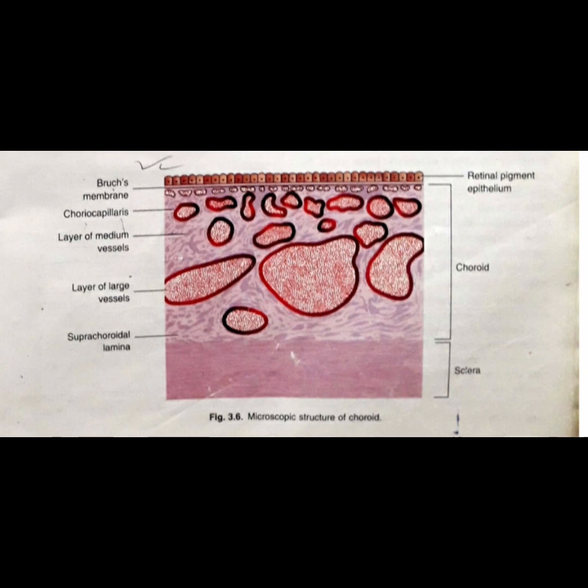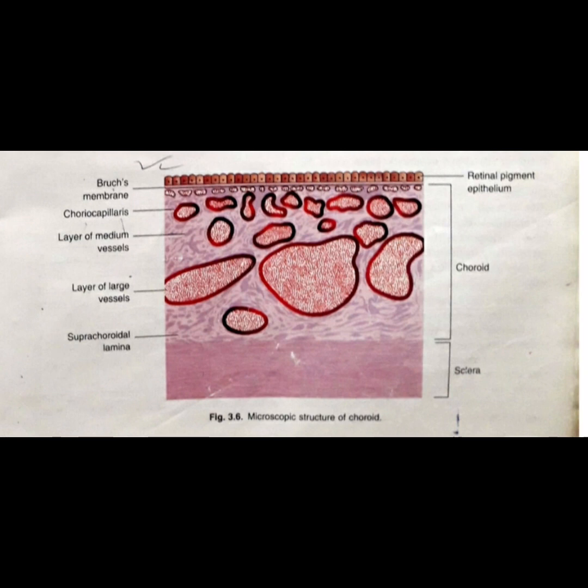Okay, and this inner layer of medium vessels is also continuous with the choriocapillaris. Now coming to choriocapillaris, it consists of a rich capillary network which receives most of its blood from the medium and large vessels of the stroma.